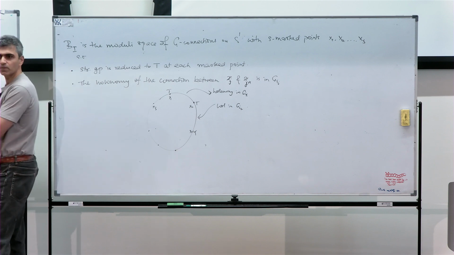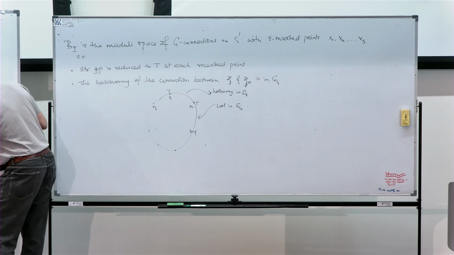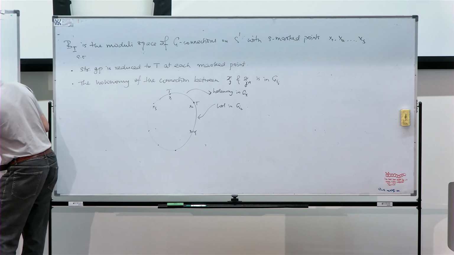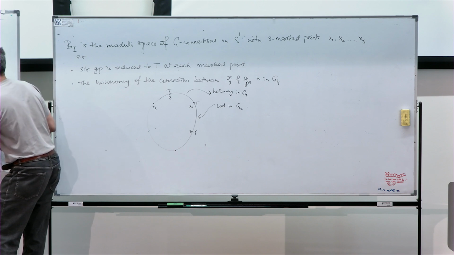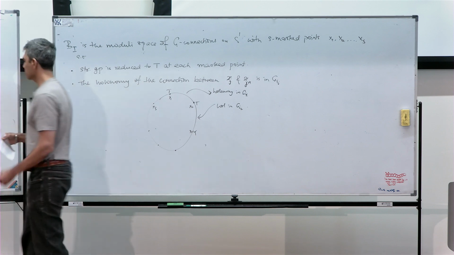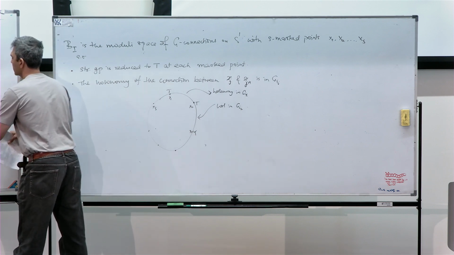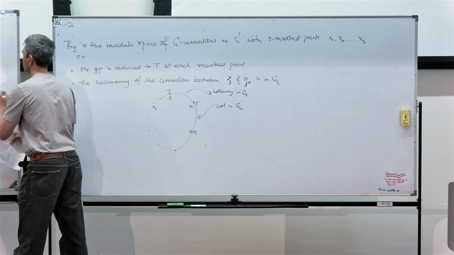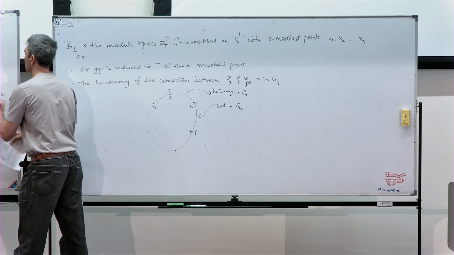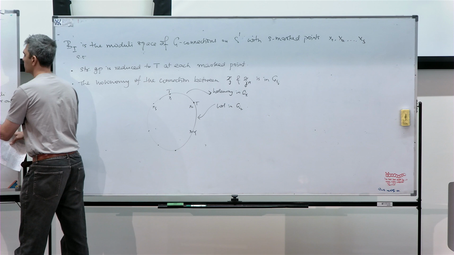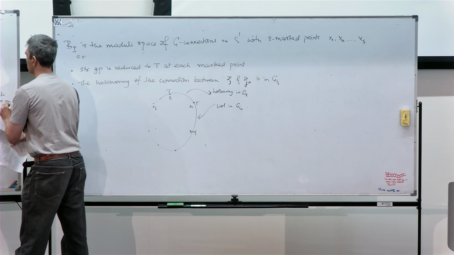G crossed over T, G_I1 crossed over T, G_I2 crossed over T, and G_IS. So this is sort of like a Bott-Samelson variety. This corresponds to the moduli of G connections on intervals with S marked points.